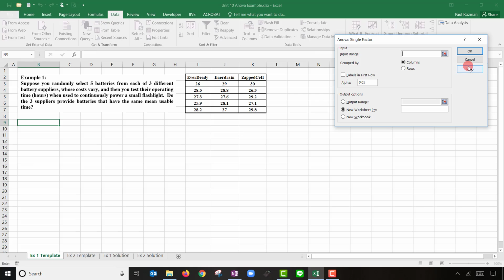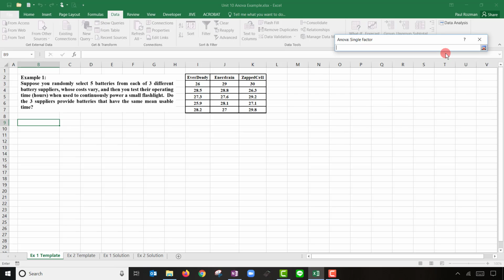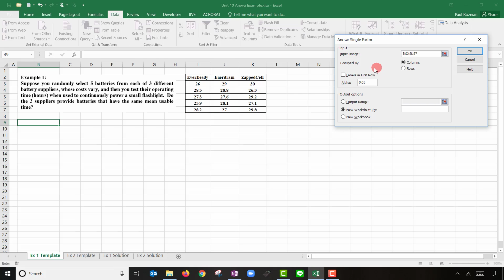So we'll click on that, and then you go and grab your input range. In my case it is cell I2 to K7. And I included the titles, so I'm going to click this little checkbox that says include the label in the first row.